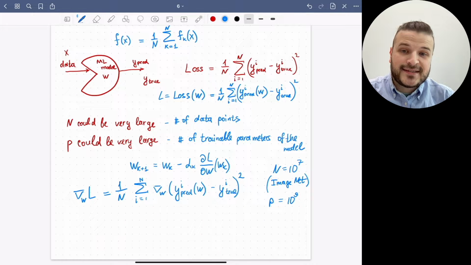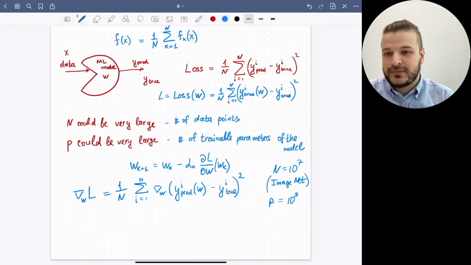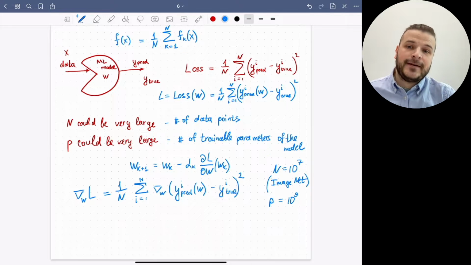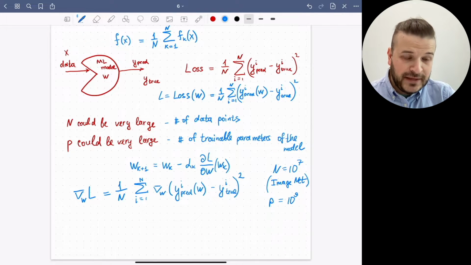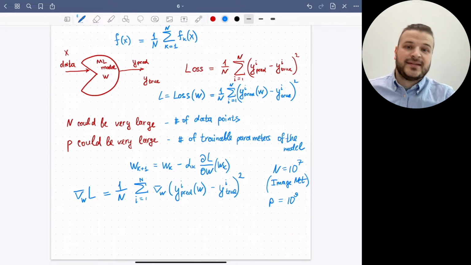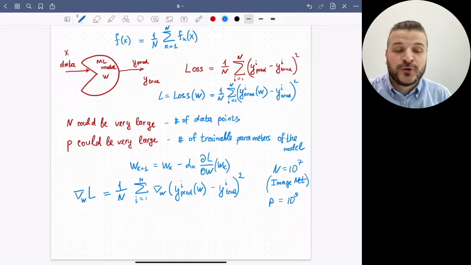as well as storing this gradient will also be a challenge, because if p is very big, it means that we couldn't even store the gradient.